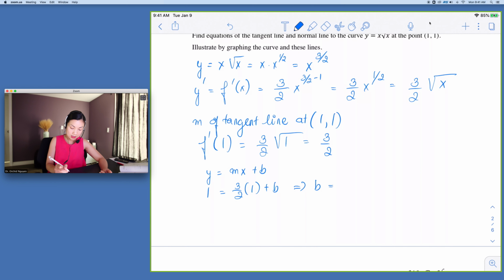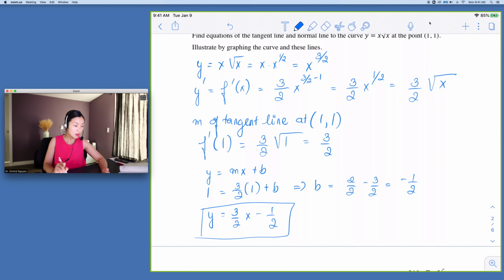I need the LCD. So it's going to be 1 minus 3/2. So that's negative 1/2. So my equation is going to be y equals 3/2 x minus 1/2. So that's going to be the equation of the tangent line.